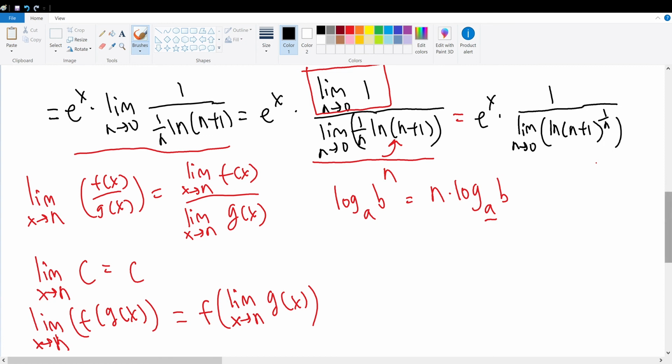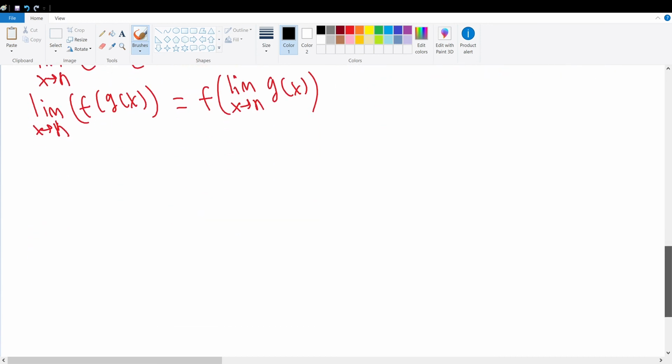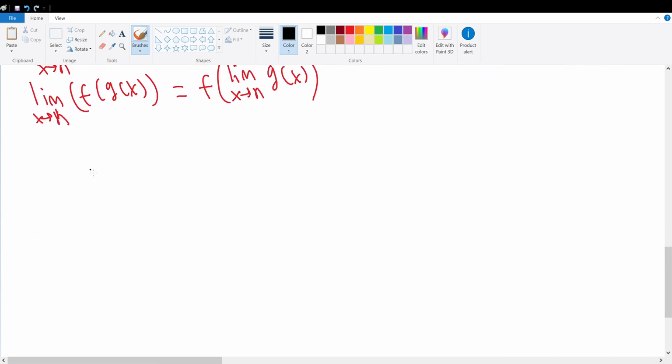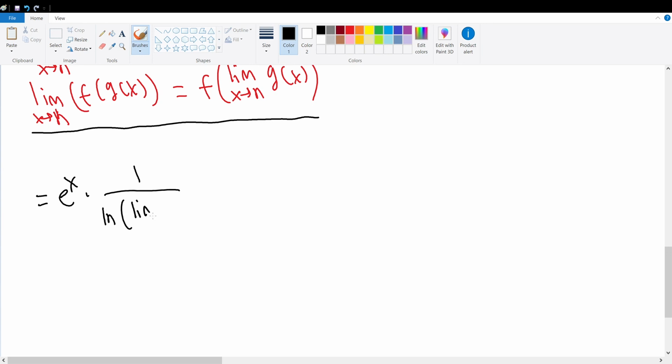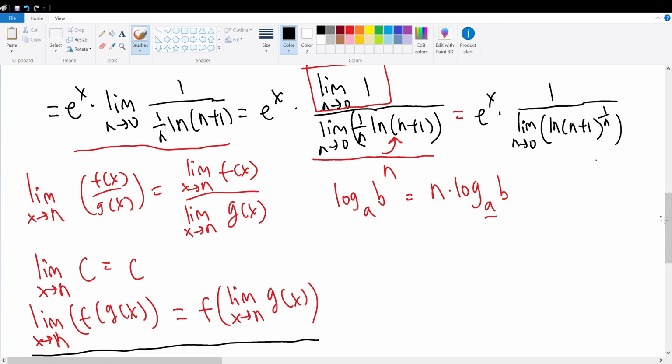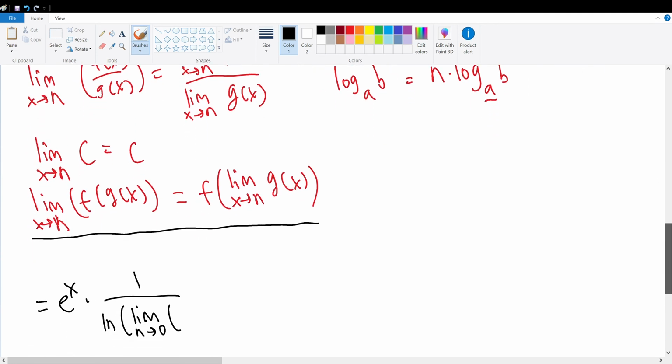And with this, we can now apply the composite limit property to evaluate the denominator, which will be equal to e to the x times 1 over the natural log of the limit as n goes to 0 of, if I scroll up, n plus 1 raised to the 1 over n power.